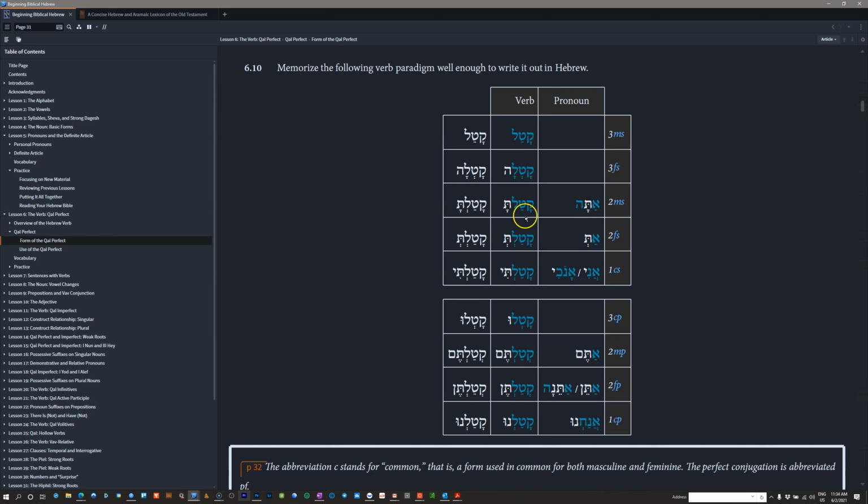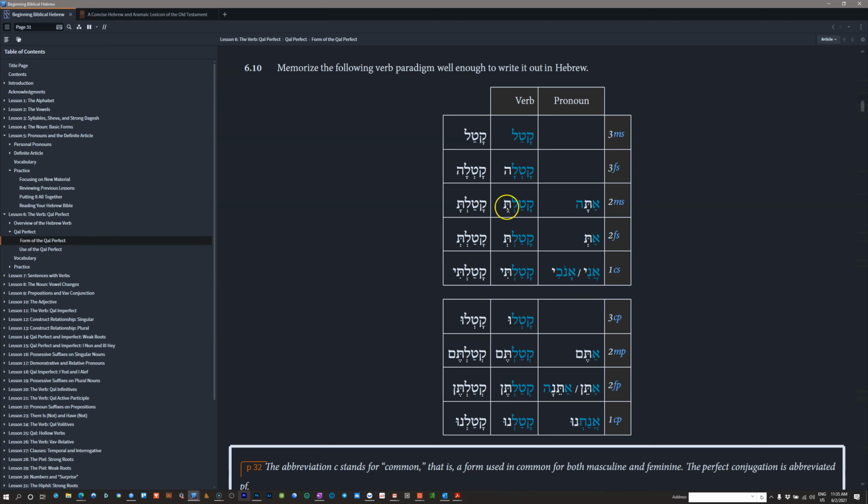And that's how we distinguish between he killed and she killed. The difference here is we use this part of the masculine pronoun, this part of the feminine pronoun. All right? And then for the 1CS, I know that the tav is not part of the pronoun, but the hirik yod is. All right, and that hirik yod on the end, that's what's going to remind you that you've got a 1CS here.